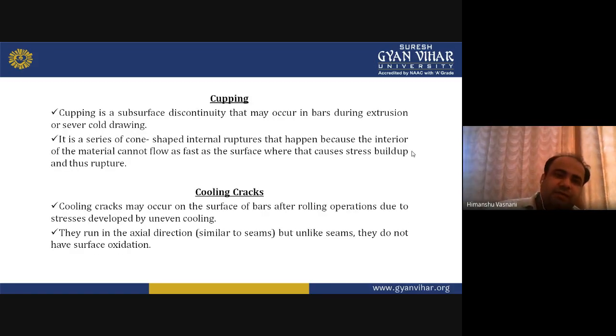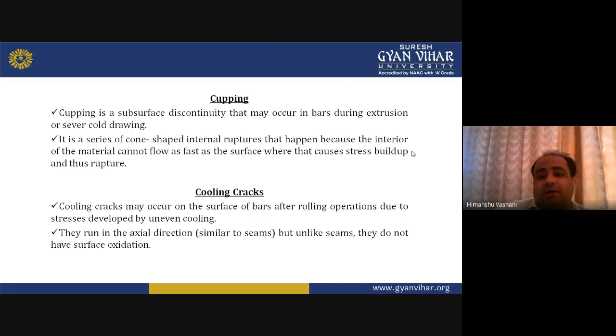Then cupping, as the name says. It is a subsurface discontinuity that may occur in bars during extrusion or severe cold drawing. Cold drawing means without heating the material, you are just trying to draw it. It is a series of cone-shaped internal ruptures that happen because the interior of the material cannot flow as fast as the surface, which causes stress buildup and thus rupture.